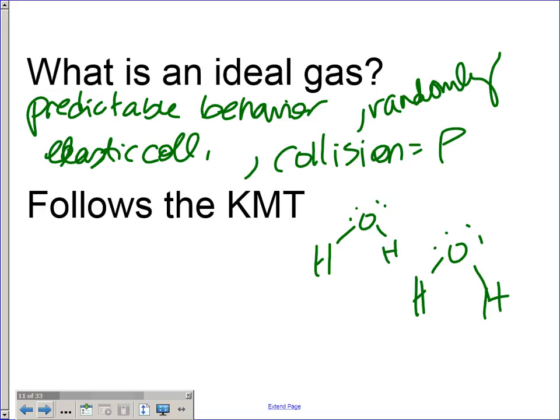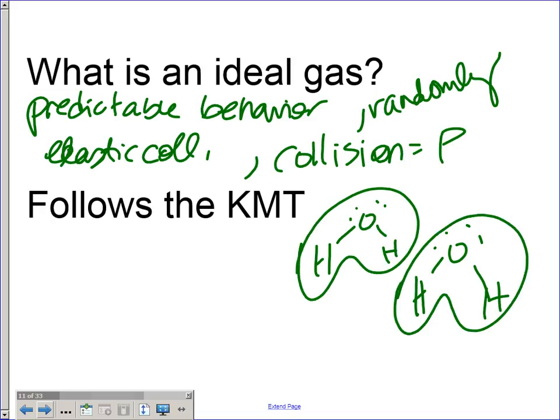What's happening between them? Don't say attraction, give me the specifics. The partial positive hydrogens attract the partial negative oxygen. What's that attraction called? Hydrogen bonding.